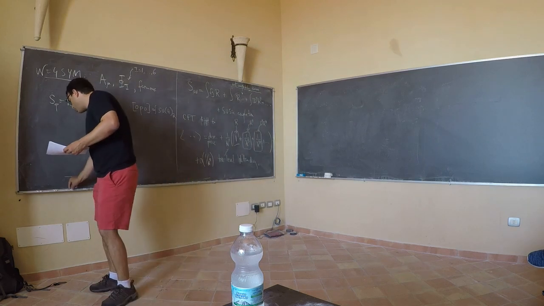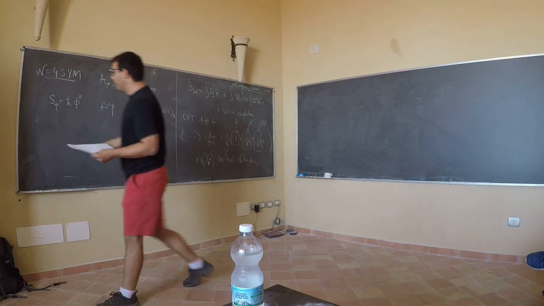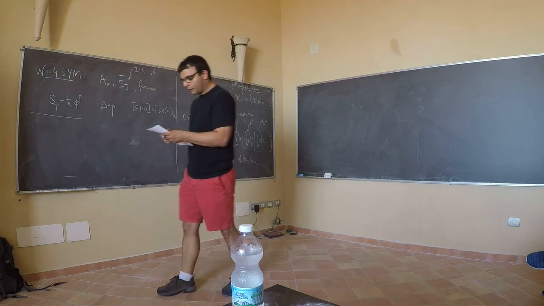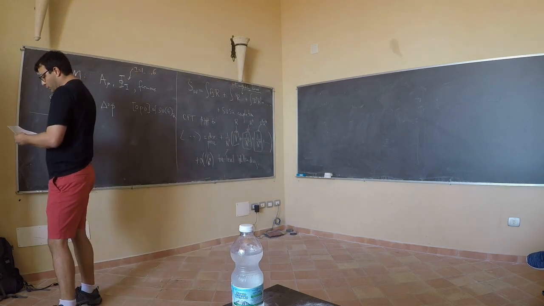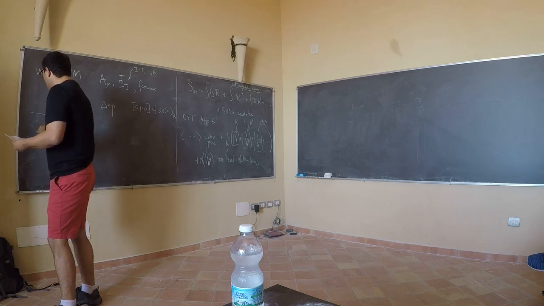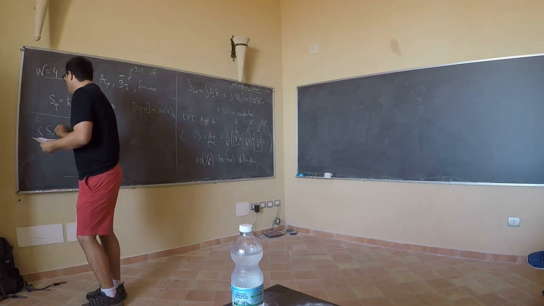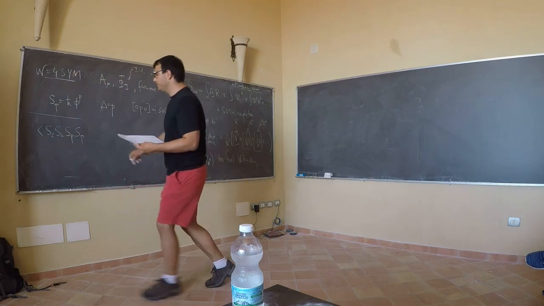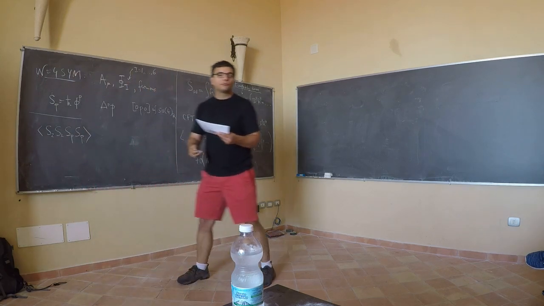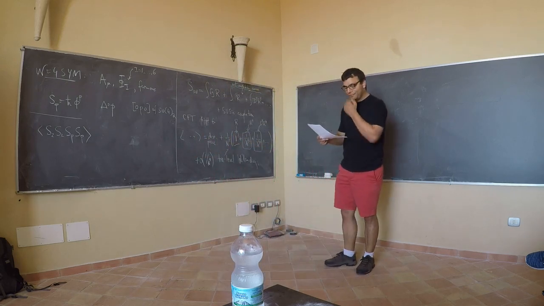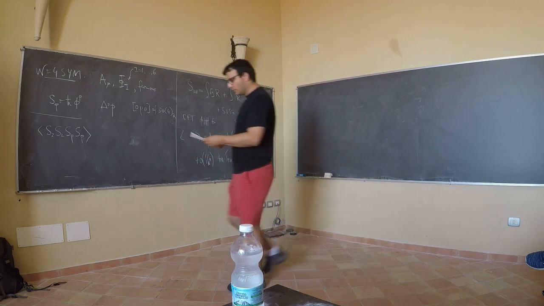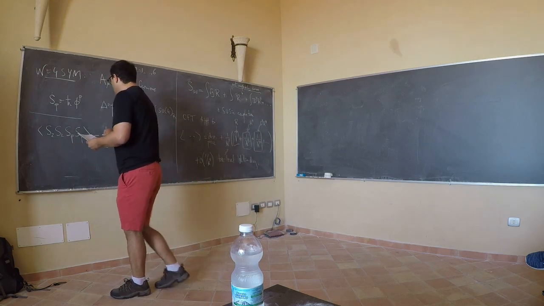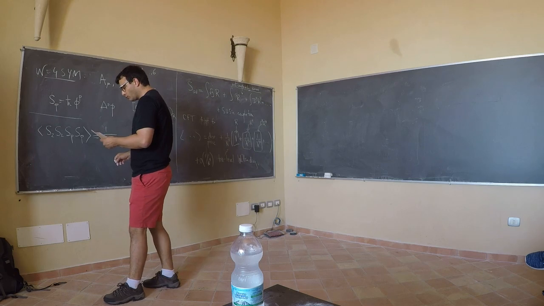I'm not going to be doing all 4-point functions. That seems to be hard. I wouldn't know what to write. So I'm going to be looking at the 4-point function of 2 S_2s and 2 S_ps for arbitrary p. So what does this 4-point function look like?